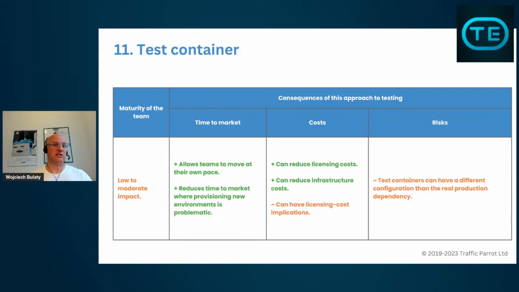Remember, test containers is about running anything in a container. So it could be even an open source database, or another microservice. The point is you're running a container with a dependency locally that's pre-configured by somebody for you. What you've got to keep in mind, though, is there's a slight risk that those test containers might be configured differently to the real dependency. So you've got to test with the real dependency once in a while as well.